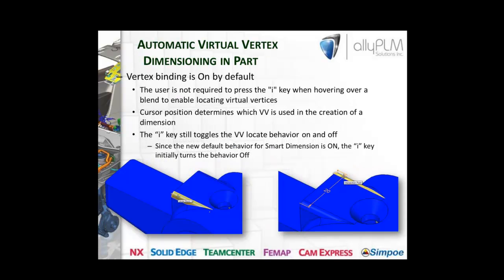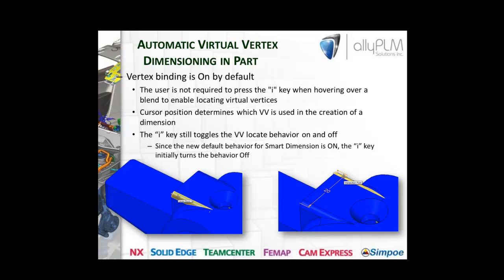As I already showed you, vertex binding is on by default in ST4. So if you select any face, you will notice that these two vertices highlight, and you can dimension them. Pre-ST4 you have to hit I, and then it will turn on.